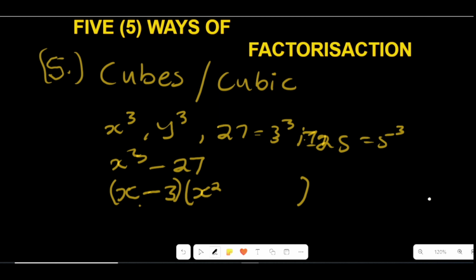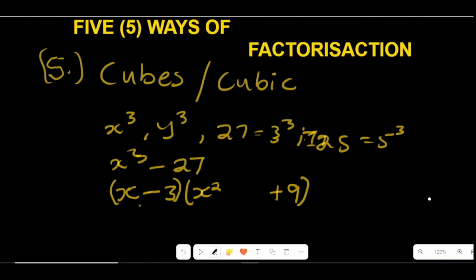And then the last term is going to be plus. When you take this negative, it gives you a plus, so you say plus 9, so that when you say minus 3 times plus 9, it will give you negative 27.